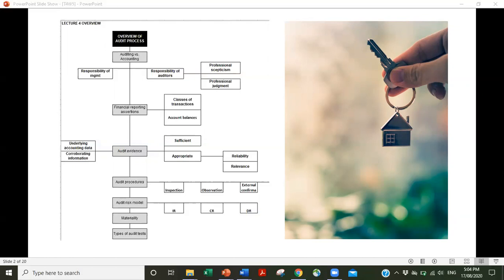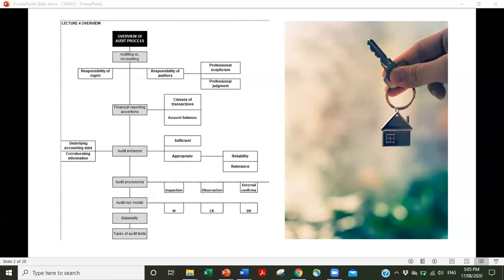So coming in, thinking about the conceptual framework from the accounting standards, in getting sufficient and appropriate evidence, whether that is the underlying accounting data, or corroborating information from a third party like a bank or a solicitor. In asserting your financial statements, we also need to have a number of procedures that go around.